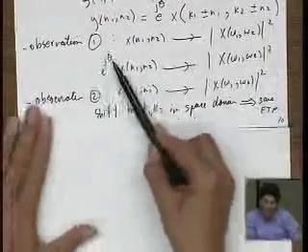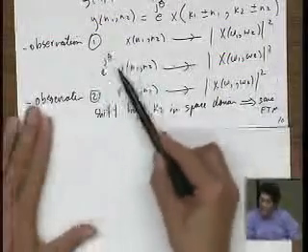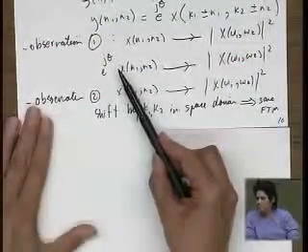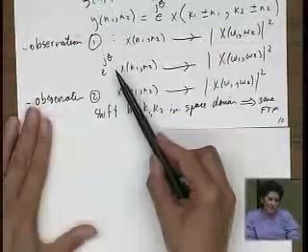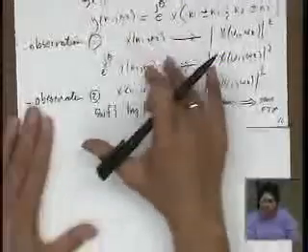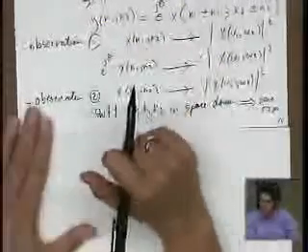Oh, but this e to the j theta has no n dependency. It's a constant. Theta can be 0, then it's 1. Theta can be pi over 2. It's not an n1 or n2 dependent thing, right? It's just multiplying the signal by a constant, right? So, did that clear it up?